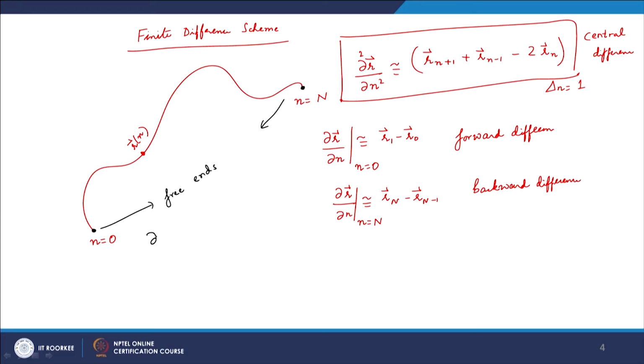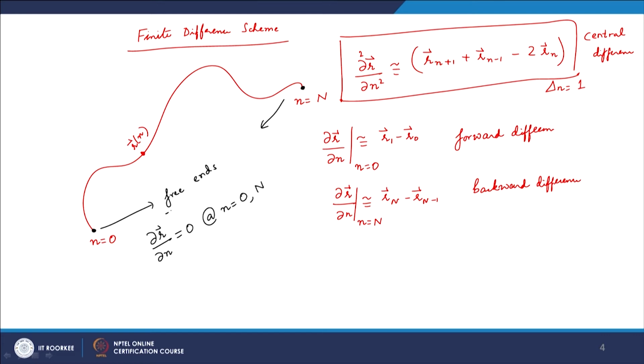If it was clamped on say two walls, then this is no longer true, then the gradients will be present at the boundaries. But in this case the gradients have to vanish at the end, because it is a free end. So, what we assume is then ∂r/∂n is equal to 0 at n equal to 0 and capital N.